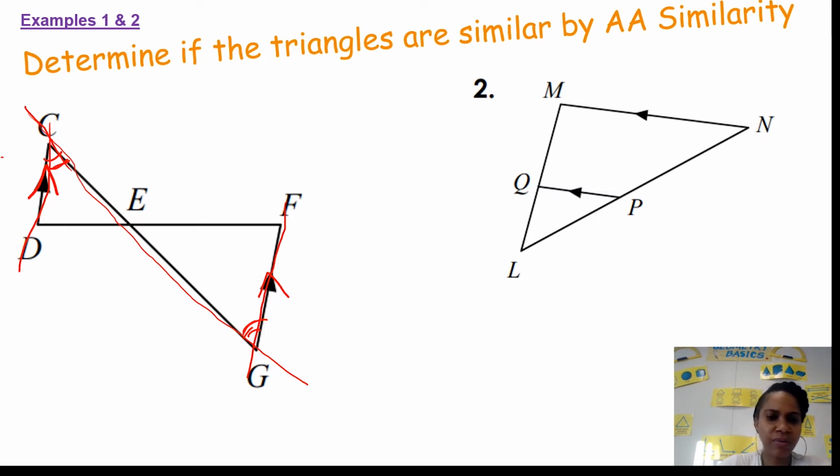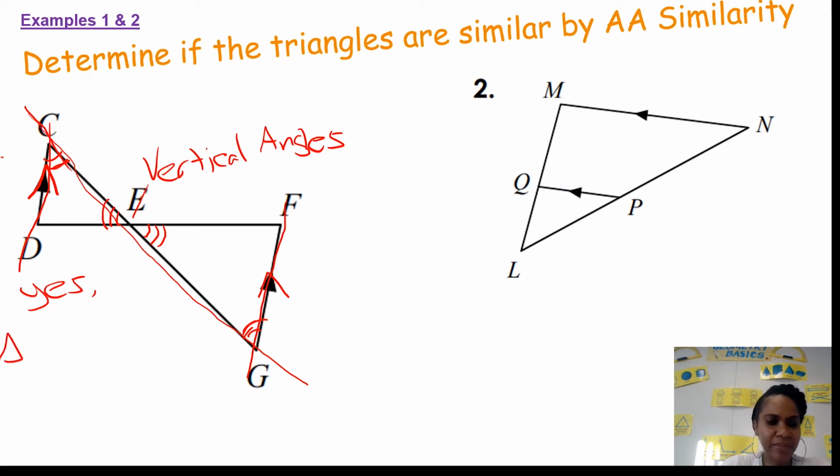And also these angles right here, so FEG and CED, are both congruent as well because they are vertical angles. Since we've shown that two angles are congruent to two angles in another triangle, we can conclude that yes, these triangles are similar.